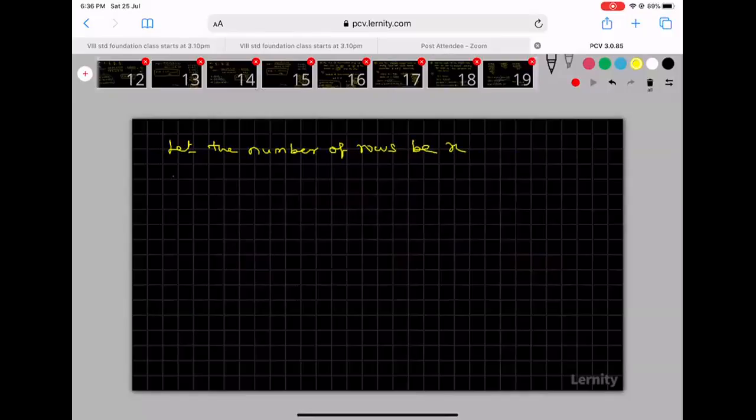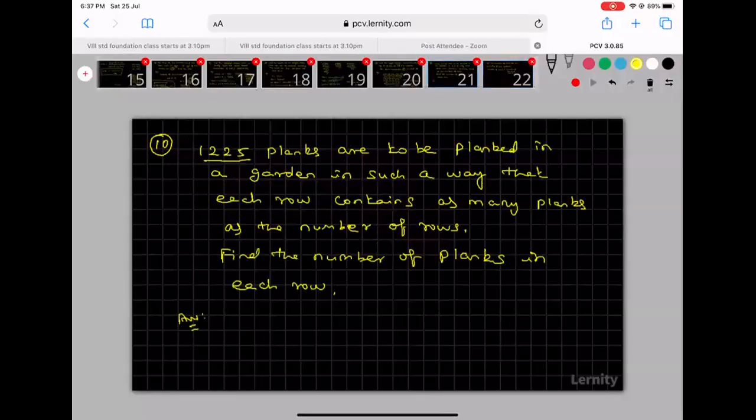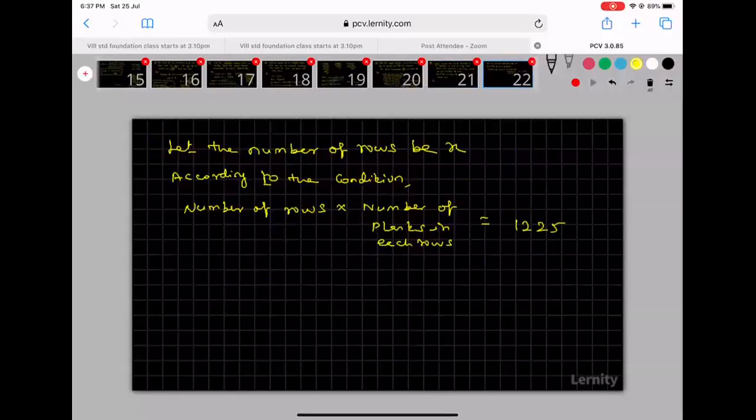According to the given condition, number of rows into number of plants in each row is equal to 1225.